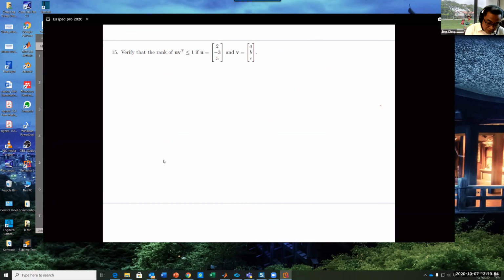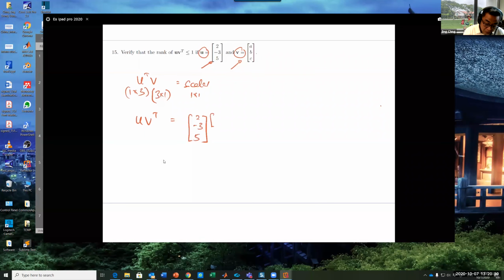All right. U is a column vector, so is V. Typically you do U transpose V because you're talking about 1 by 3 and 3 by 1, and you'll get a scalar, 1 by 1. But today we are not interested in the dot product, which is U transpose V. We're interested in U V transpose, which is a column vector 2, minus 3, 5, and a row vector a, b, c.